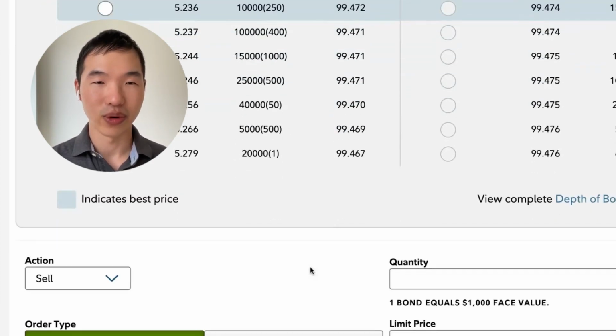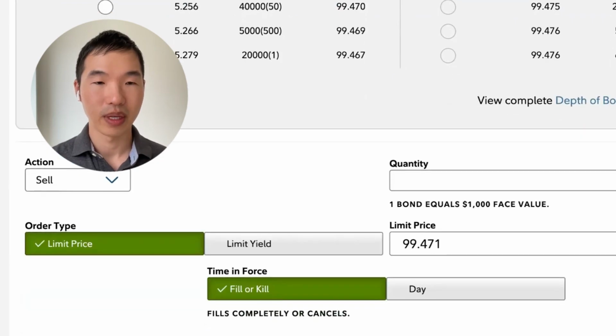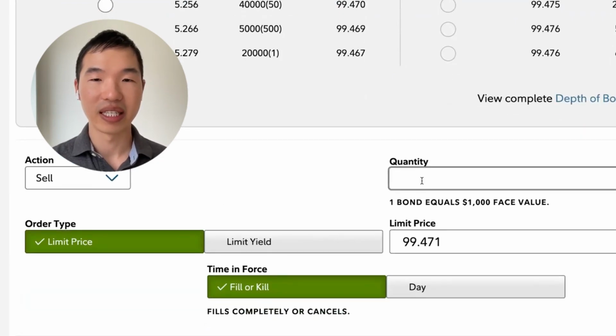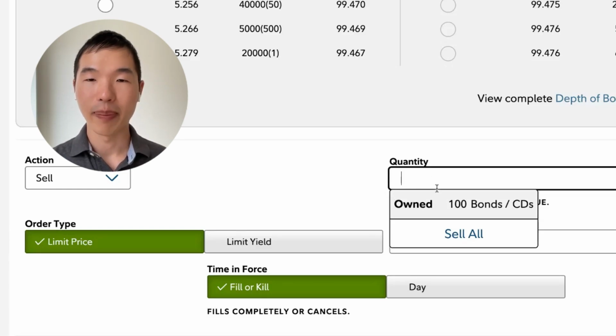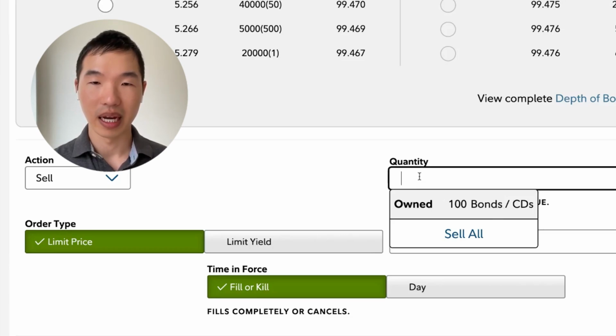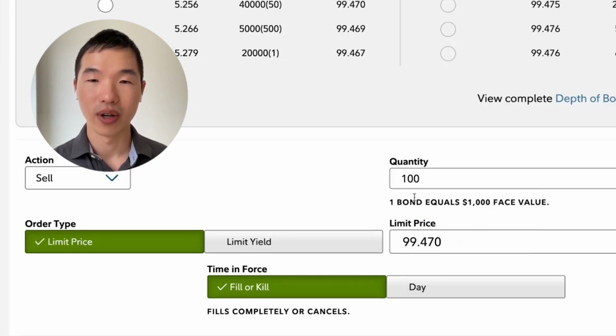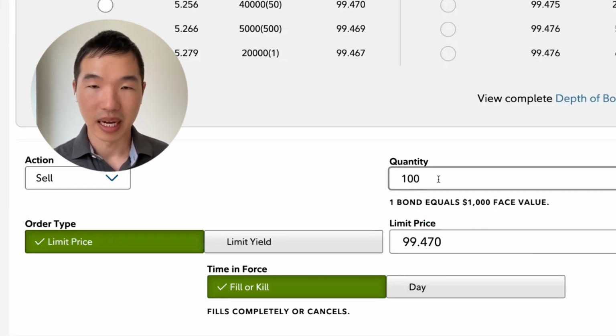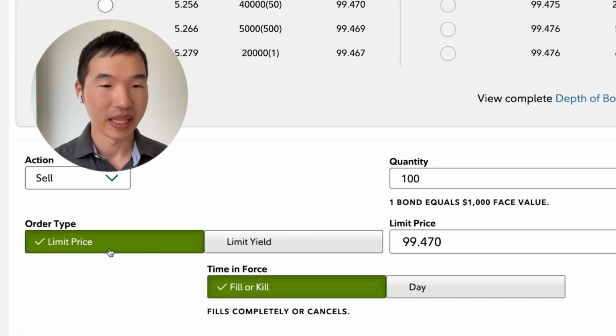To do that, you scroll down. Your action is sell. So now I'm going to sell. I happen to have 100 bonds or $100,000 of owned bonds here. So say if I want to sell all of that, I just type in the quantity here.